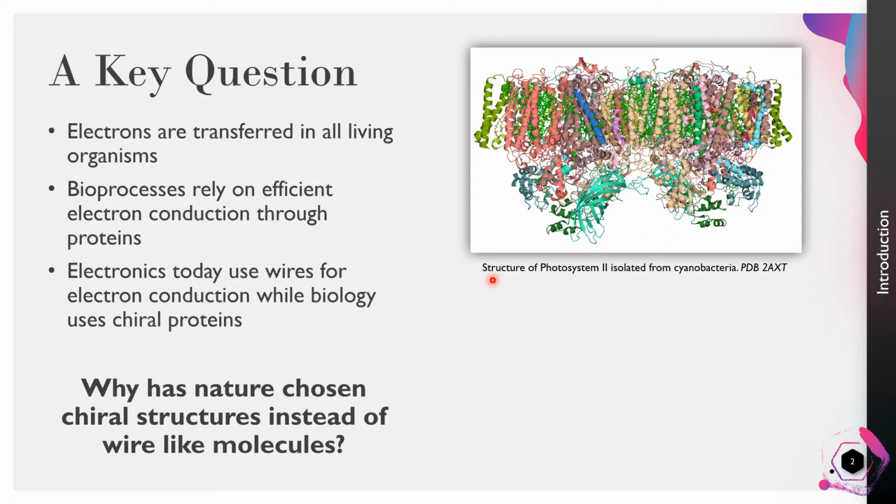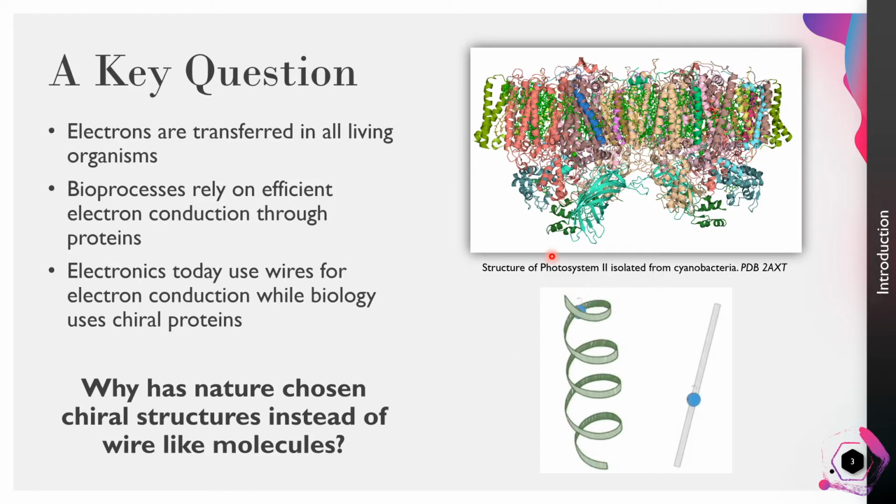And scientists have been asking a question of why has nature chosen to use chiral molecules instead of more wire-like molecules for the transmission of electrons through these proteins. As you can see here in photosystem 2, there's a plethora of helices and corkscrew-shaped compounds.